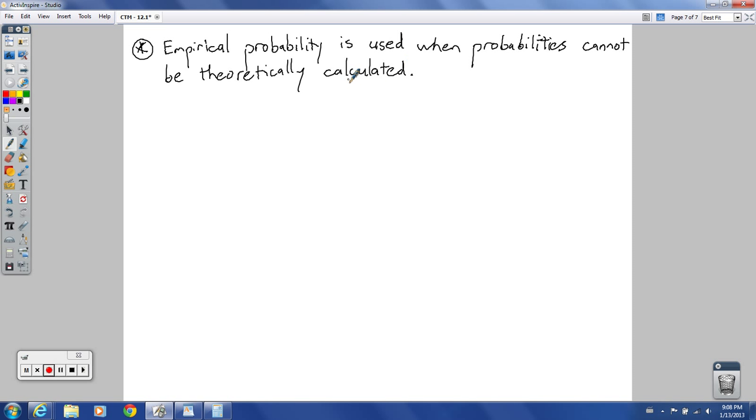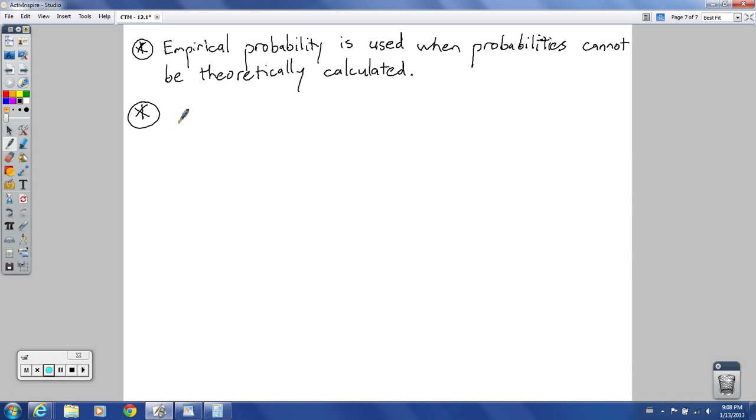Like survey results, you can't theoretically say that this many people like pepperoni compared to cheese. You actually have to go out there and do the experiment. You have to do a survey, something like that.